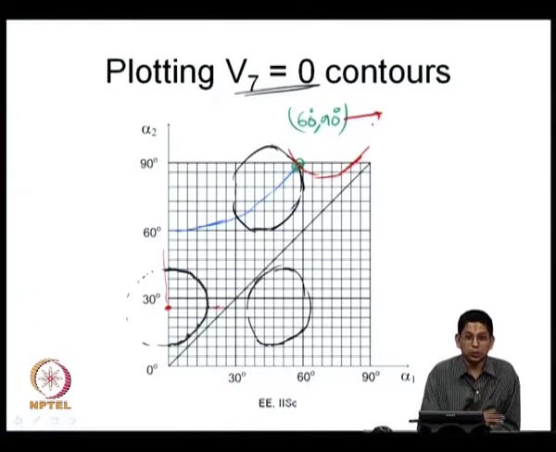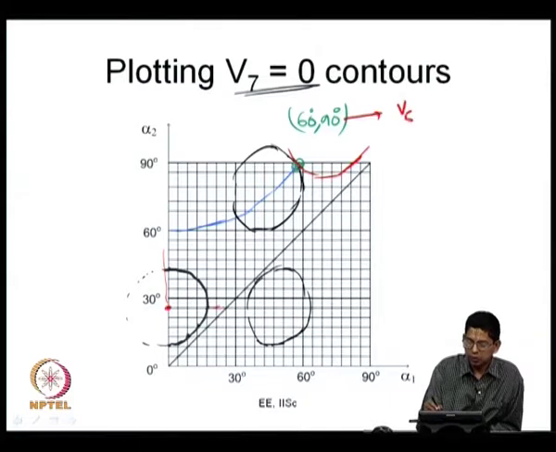A third harmonic square wave contains no fifth harmonic, seventh harmonic, 11th harmonic or 13th harmonic. So any V n will be equal to 0, where n is any non-triplet harmonic order. So, at this point you have V phi equal to 0, V 7 equal to 0, V 11 equal to 0, V 13 equal to 0, and all of them will be equal to 0.